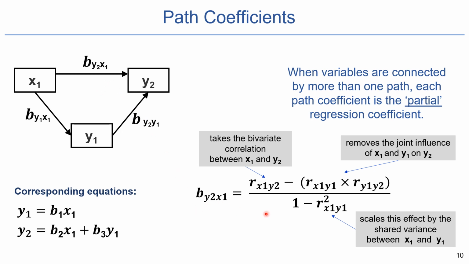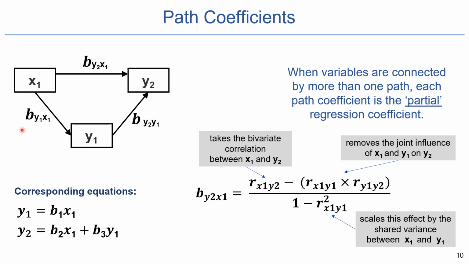And the idea behind this partial regression coefficient is that now we have the effect of x1 on y2 coming from two different sources. So this is this direct link and also indirect through y1. And in order to get the independent effect of x1 on y2, we need to remove the shared variance between x1 and y1.